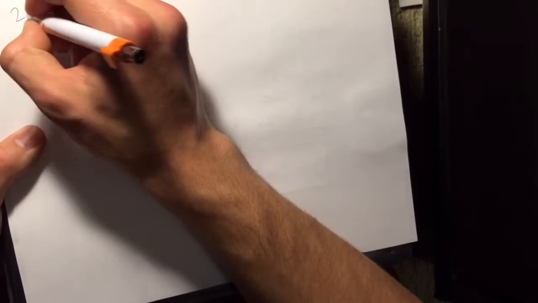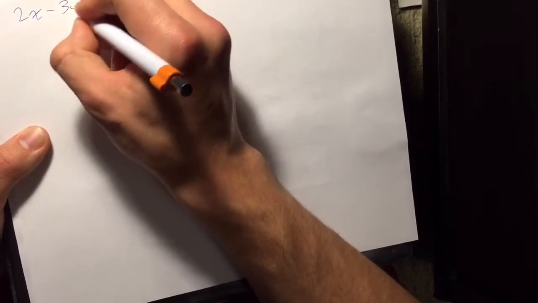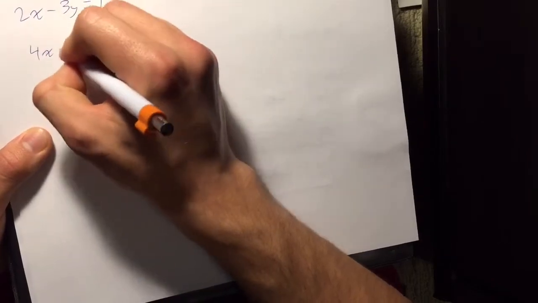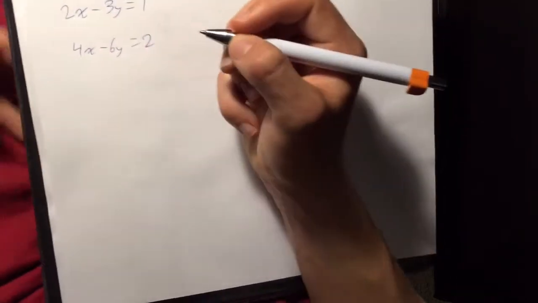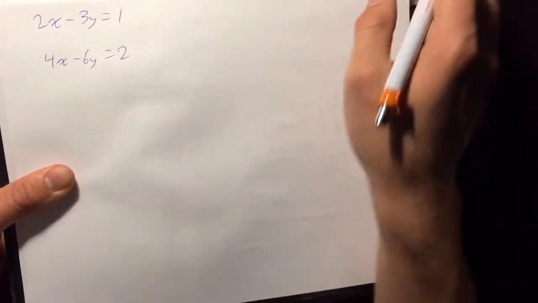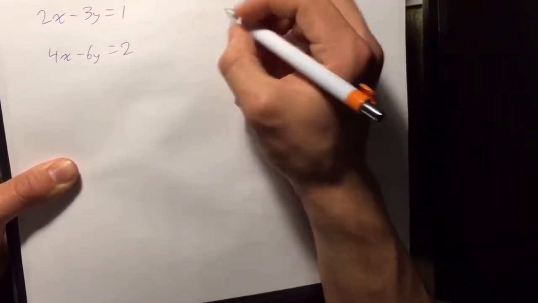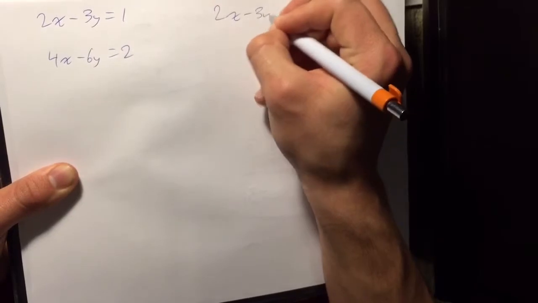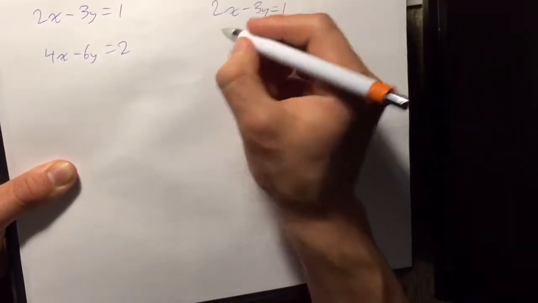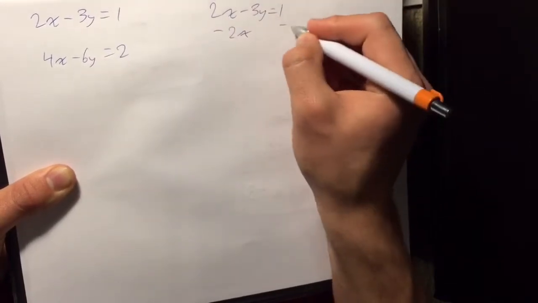So if you have 2x minus 3y equals 1 and 4x minus 6y equals 2, the easiest thing to do would be to convert it to slope-intercept form. So you have 2x minus 3y equals 1. Isolate the y. Subtract 2x from both sides.